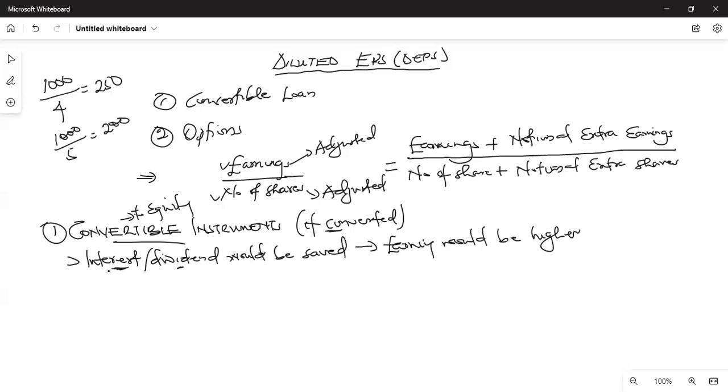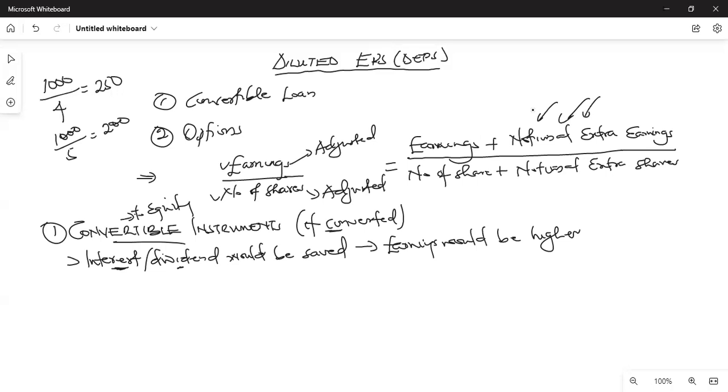It moves from obligation to rights, because they now have access to voting, which they didn't have before. So you will no longer be paying that dividend or that interest, and therefore our earnings will go up. That is what we mean by notional earnings.